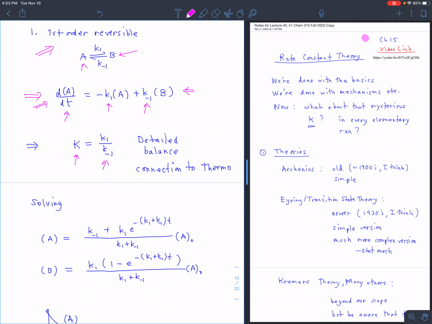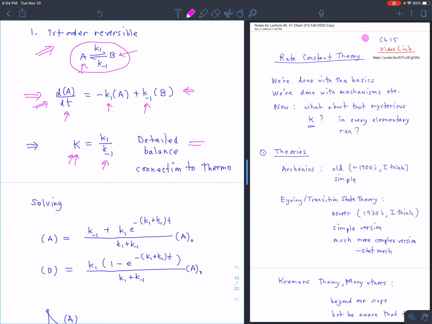And I said earlier that that's true even in much more complicated cases. For every pair of elementary forward and backward reactions, the equilibrium constant for that part of the mechanism is equal to the ratio of forward to backward rate constants.